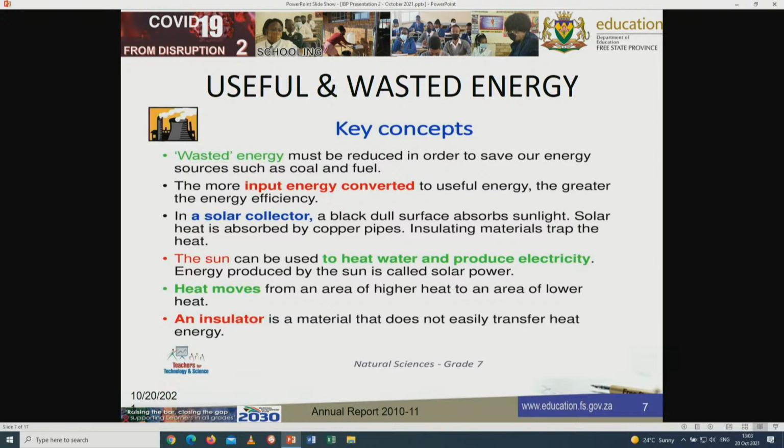Heat always moves from an area of higher heat to an area of lower heat. And through that process, as it moves, the other one is released to the environment.